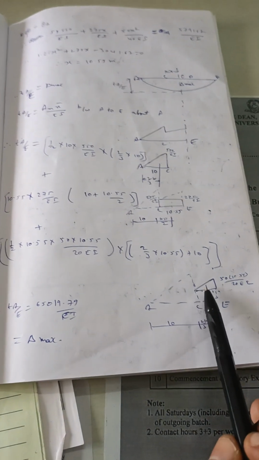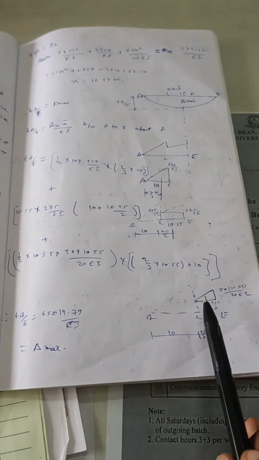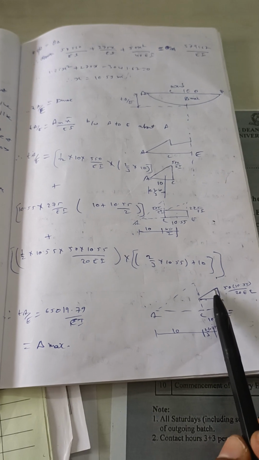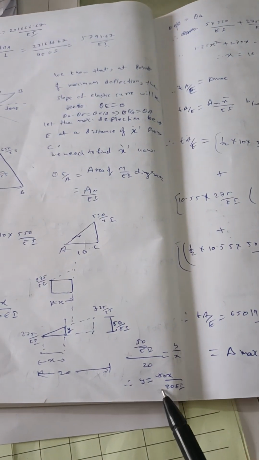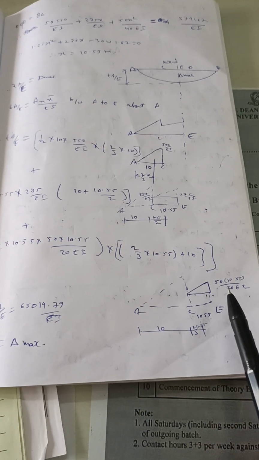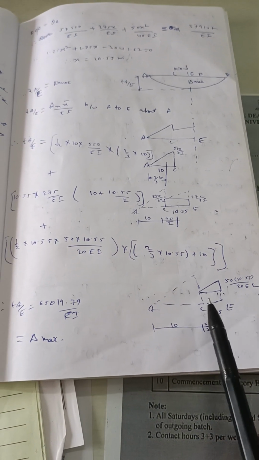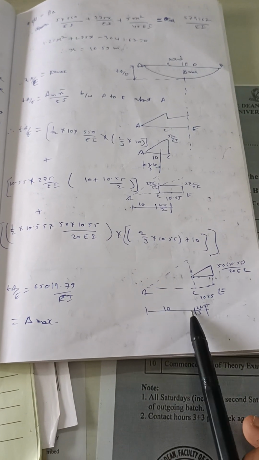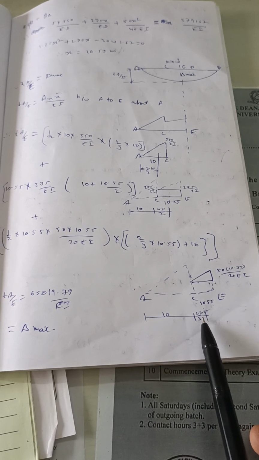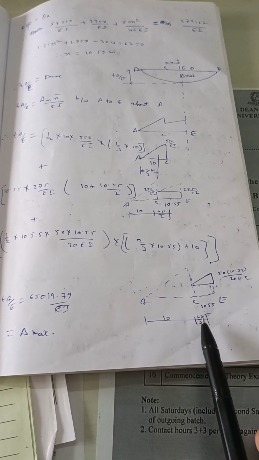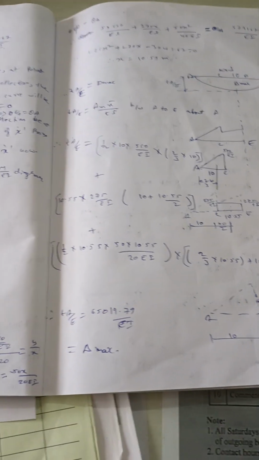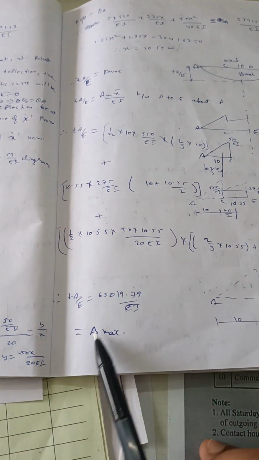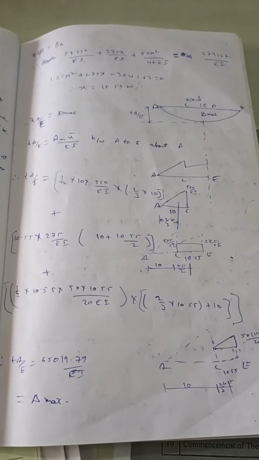For the triangle, half into base into height, where the height is 50x by 20, and x is 10.55, with x bar equal to 10 plus 2 by 3 times 10.55. If we add all this, we get delta max.